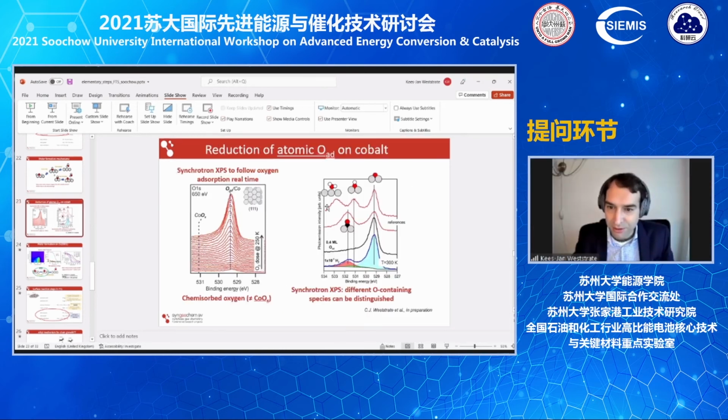So here I talked about this. Actually, this experiment here, I can show this. This is a reference spectrum. And the way we make this is we put water on the surface. On the surface we use, it's a flat cobalt surface. Water does not dissociate normally, but we use a trick. We use electrons, and the electrons, they break apart the water. So in this way, we can still make a hydroxylated surface.